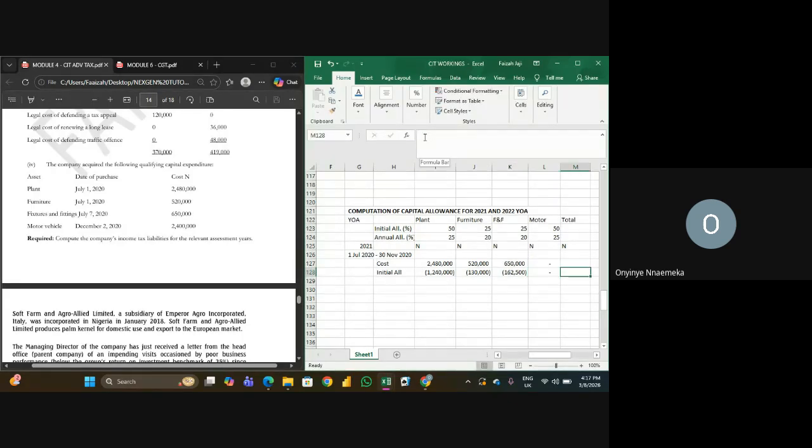This is 0. We add up all the initial allowance. For annual allowance, annual allowance equals the cost minus initial allowance multiplied by 25%. Let's put a minus there. This one cannot be true.